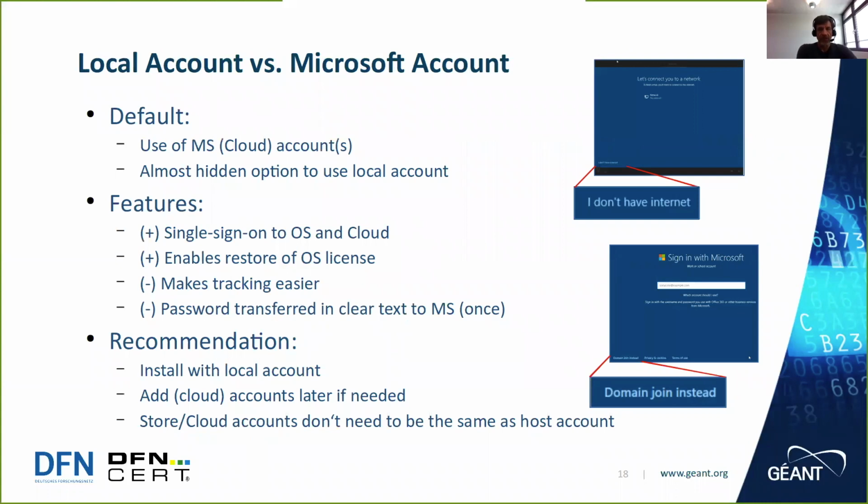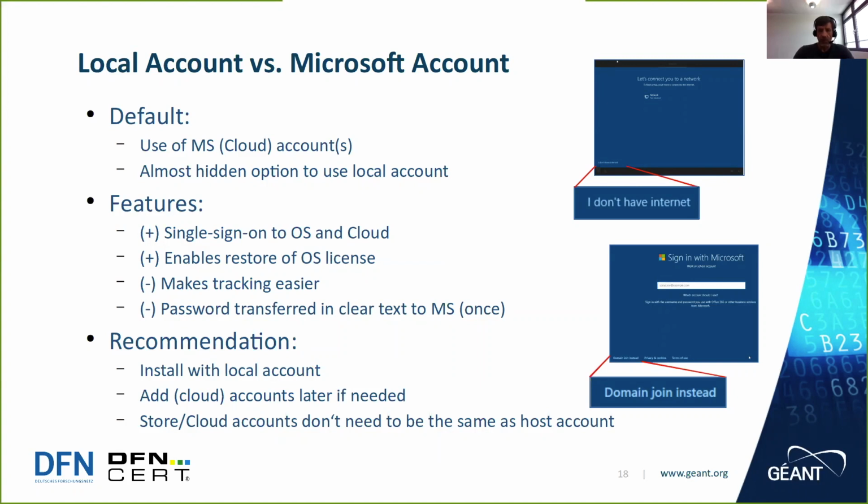So, and lastly, there is the case with the local account versus the Microsoft account. By default, when we install Windows, Microsoft wants us to have a cloud account and use this as a sort of single sign-on for all our devices. And the option to use the local account is a bit hidden on the installation screens of Microsoft Windows.